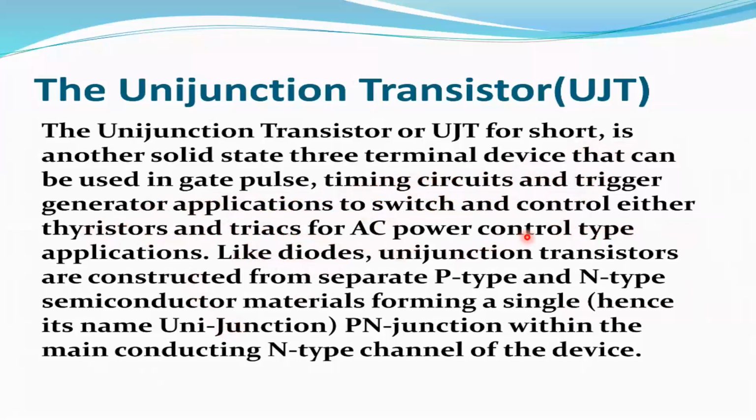Like diodes, unijunction transistors are constructed from separate P-type and N-type semiconductor materials, forming a single P-N junction within the main conducting N-type channel of the device, which is why it is named unijunction.